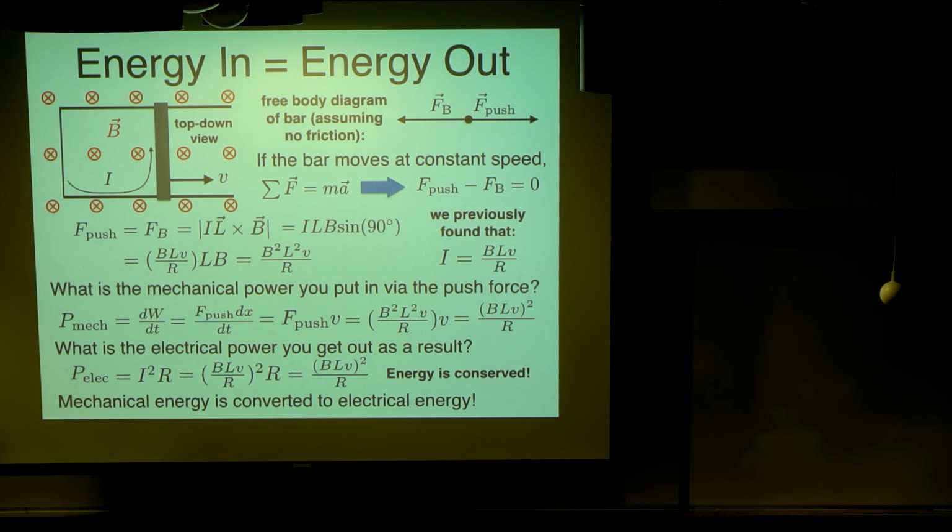Under less than perfect circumstances, you get out a little bit less than what you put in because you waste some energy generating heat via friction and things like this. But energy is conserved. It's really important to remember that this is not some kind of magical form of energy that's coming out of nowhere. It's coming from the work you put in to put the motion in place in the first place.